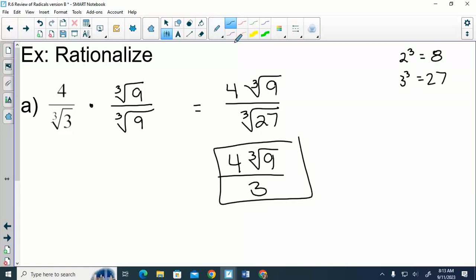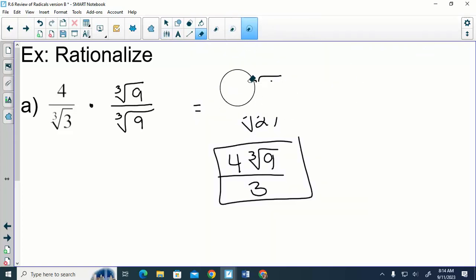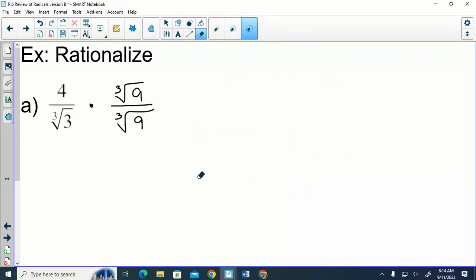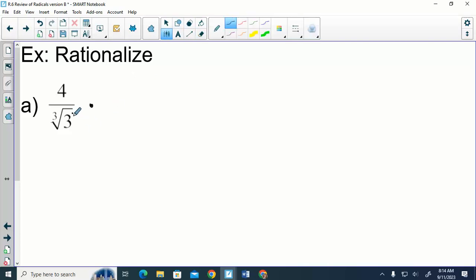Another way of thinking about it, so if this way makes sense, you're welcome to just tune me out for a second. We currently have 1, 3. Because it's a cube root, how many of them do you need before you can pull it out of the radical? 3.